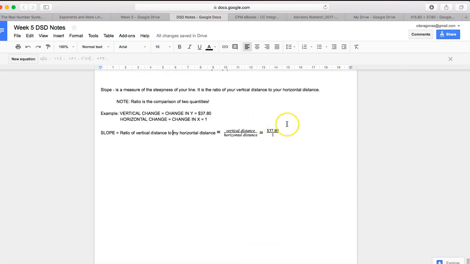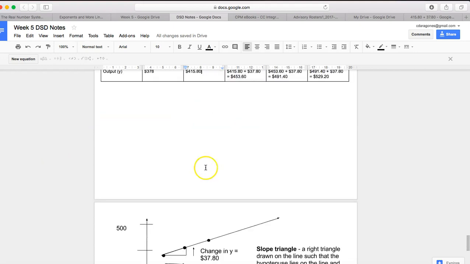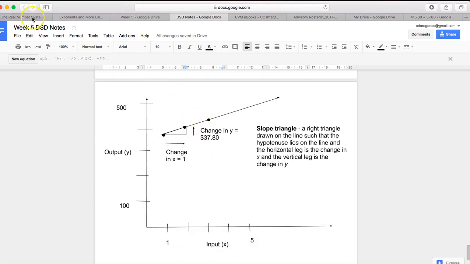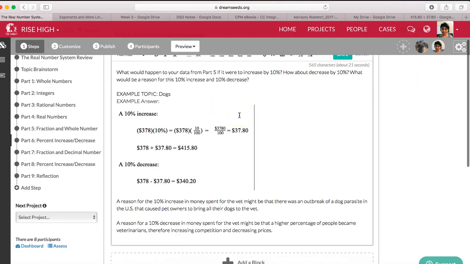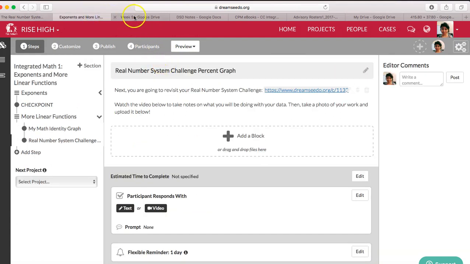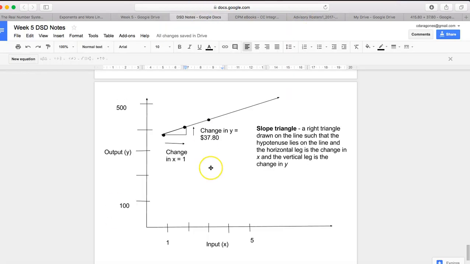But your 10% is not $37.80. You have your own data table that you graphed, and your 10% change was dependent on your statistic. So make sure you're careful, you're using your information. Okay, so go ahead, write out your slope ratio, and we'll talk about what this means.